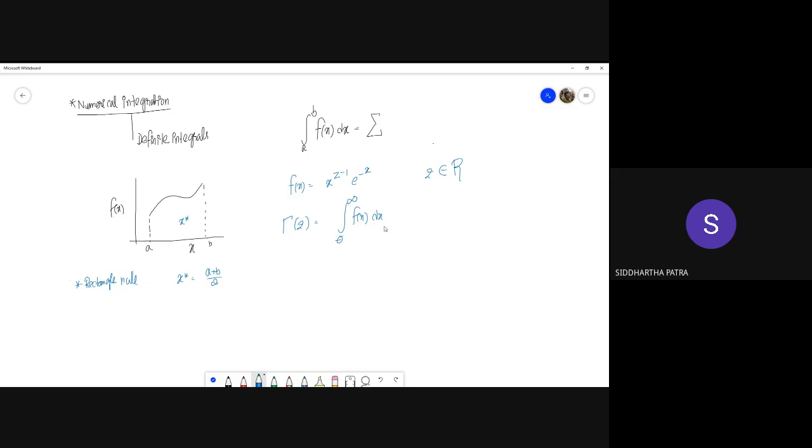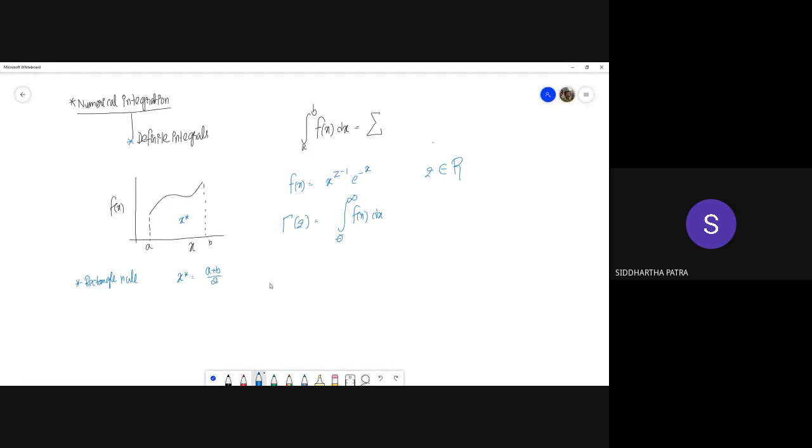The point here is that first of all, we can only employ a numerical method when we are looking for a definite integral. We are not trying to get a general expression right here. Let's see how you can do that using the rectangle rule. You will get that x star, which is midway between a and b, and we'll evaluate the function.